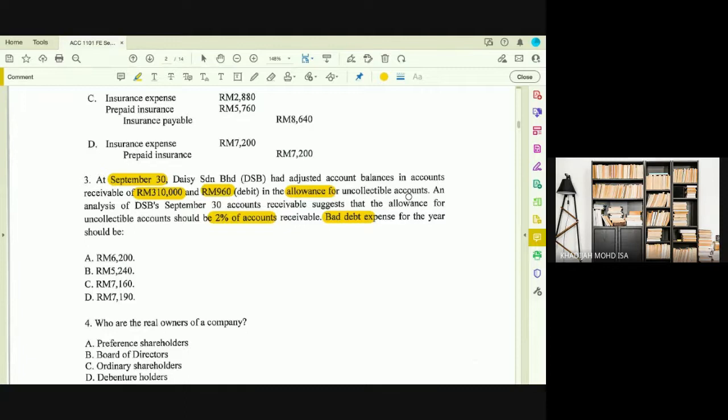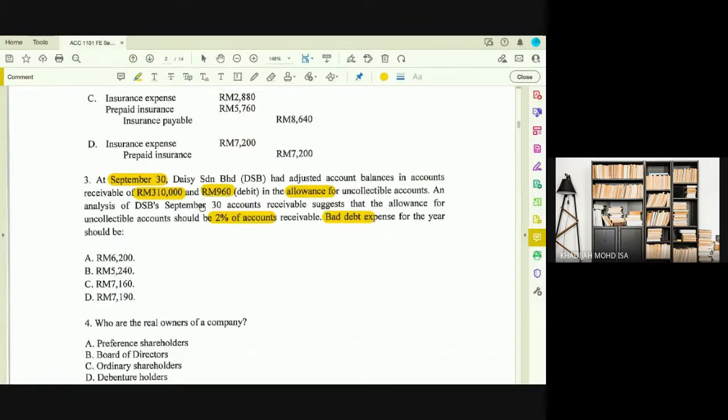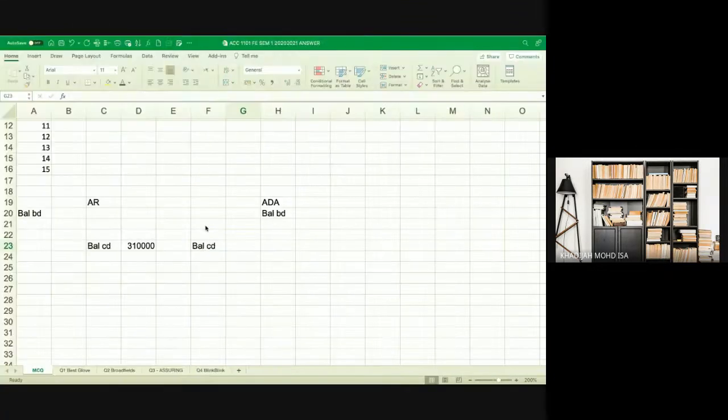So here you have a closing of 310,000. But they say the allowance of the ADA should be 2% of your accounts receivable. So the balance should be 0.02 times 310,000.